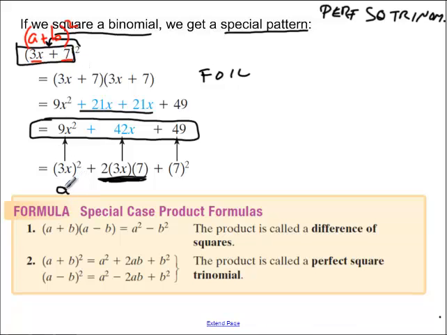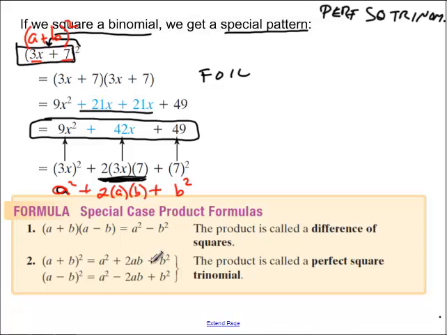Here then would be my a squared, this would be my b squared, and this would be 2 times a times b. Here my a term is 3x, and my b term is 7. So the pattern becomes a plus b squared gives me a squared plus 2ab plus b squared.